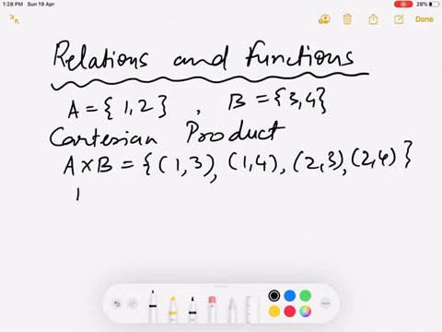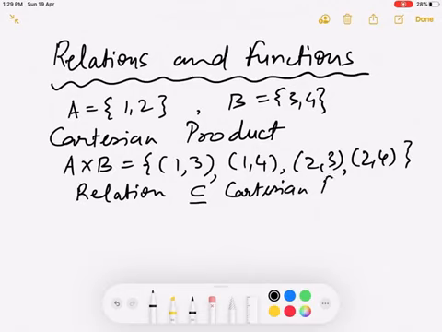Now apart from the Cartesian product, we also defined relation in class 11. Relation was defined as a subset of the Cartesian product. Any subset of the Cartesian product was defined as a relation. For example, here we can see the Cartesian product of A and B: 1, 3, 1, 4, 2, 3 and 2, 4.